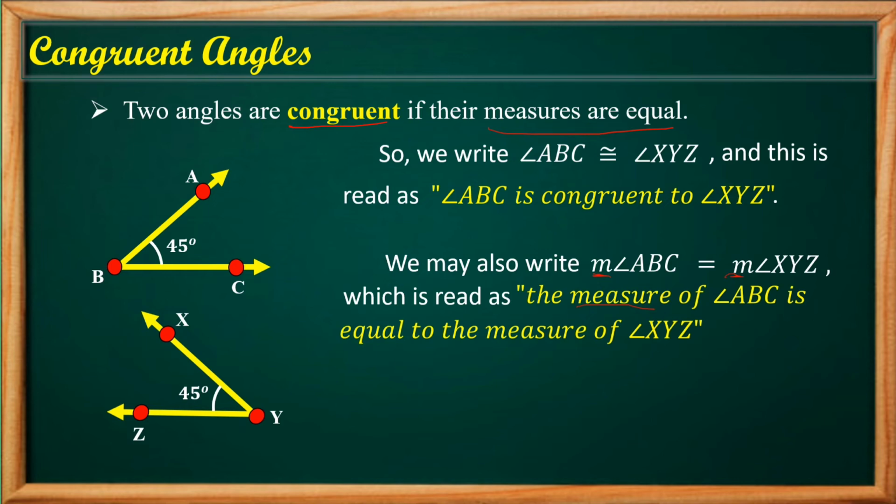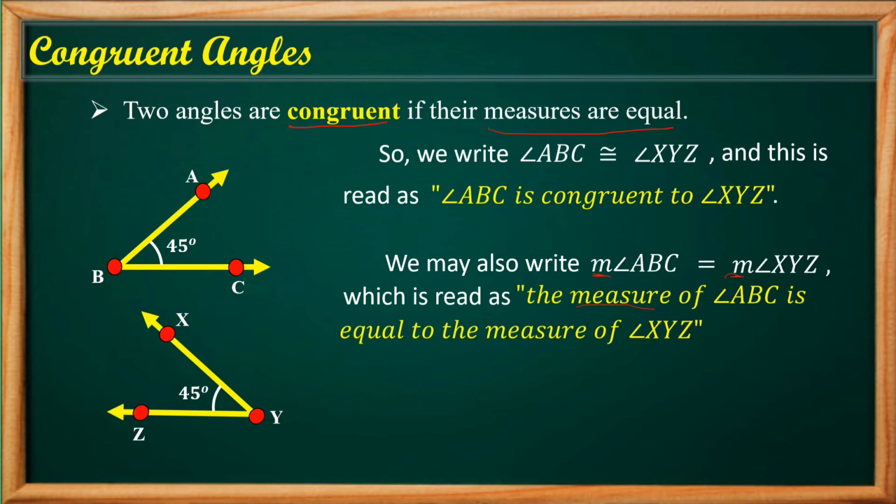Okay? That is congruent angles. Two angles are congruent if their measures are equal. Ayan. Measures of their angles are equal.